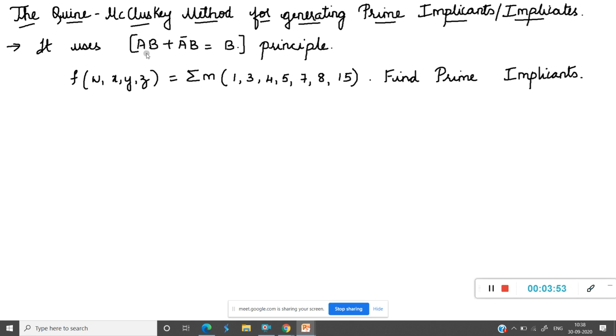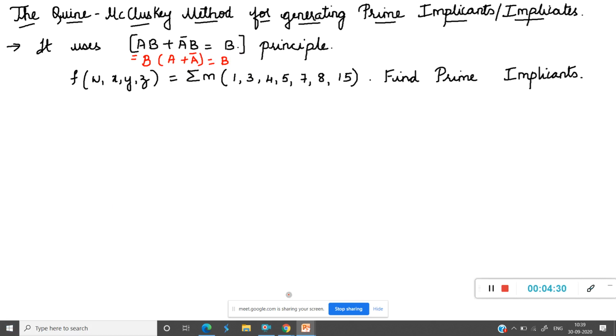Basically, the Quine-McCluskey method uses the principle AB plus A bar B is equal to B. When you take B common, you get A plus A bar, which is 1, so you get only B. So it uses this principle: if they differ by only one bit, then only can you compare.